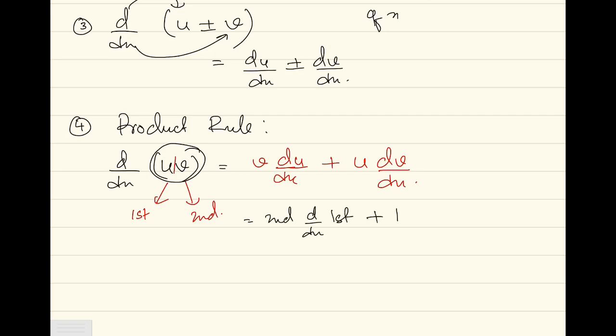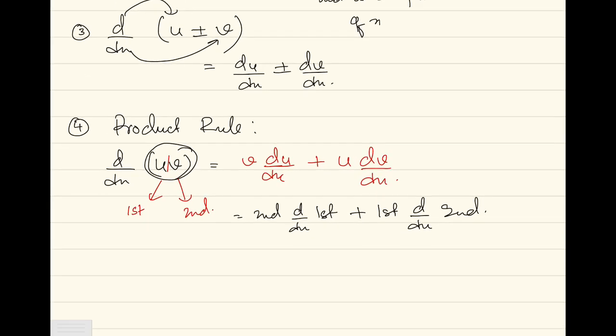Then the first one comes out and you do ddx of second. So it's quite simple. You just have to differentiate one after the other, taking one out. So first take the second out, do the ddx of first, then plus take the first out, do the ddx of second. I will show you all of these with an example once I complete these rules.